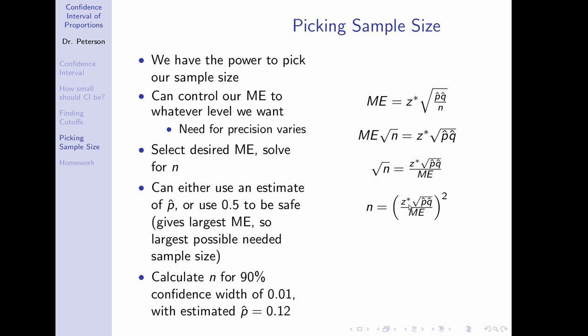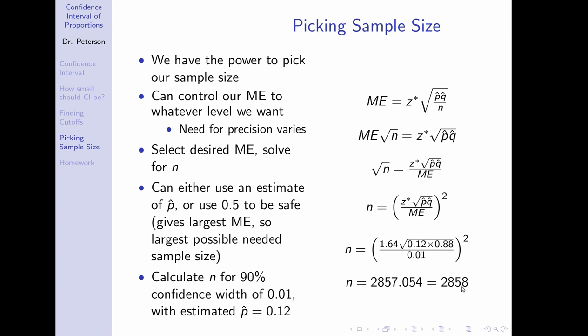We plug that in here. We plug in our 0.12, our 0.88, and our 0.01. Okay, run that through a calculator, square it all up, and we get an n of 2857.054.